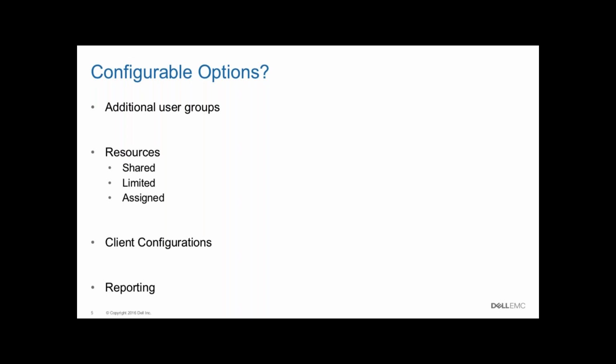So you can create a client configuration for the desktop users, and you can create a client configuration for the server users. With the client configuration, you can point out what types of files and folders you want the user to back up. You can decide when they back up. You can go into a lot of detail in terms of what you want to do with that client configuration.